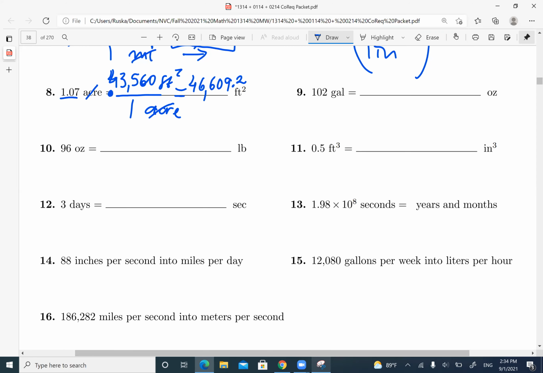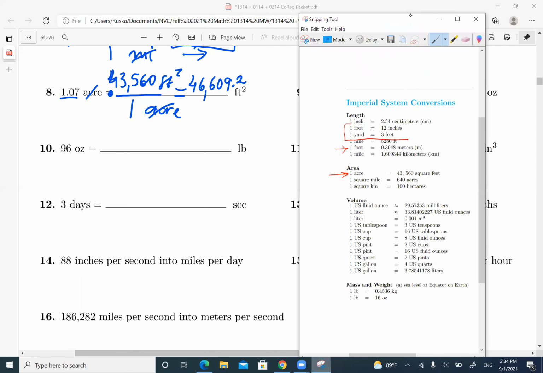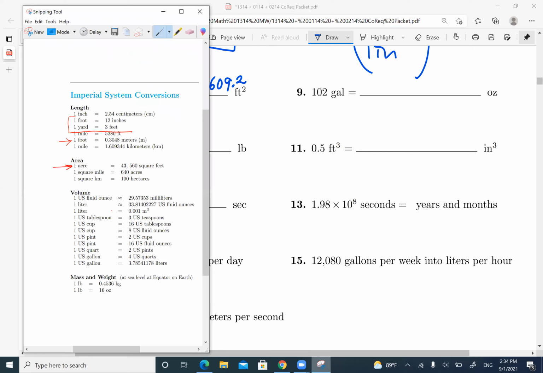Now let's do number 9, gallon to ounces. So here we have gallon to ounces, fluid ounces. How are you going to change that? You're going to look at the volume now, right?